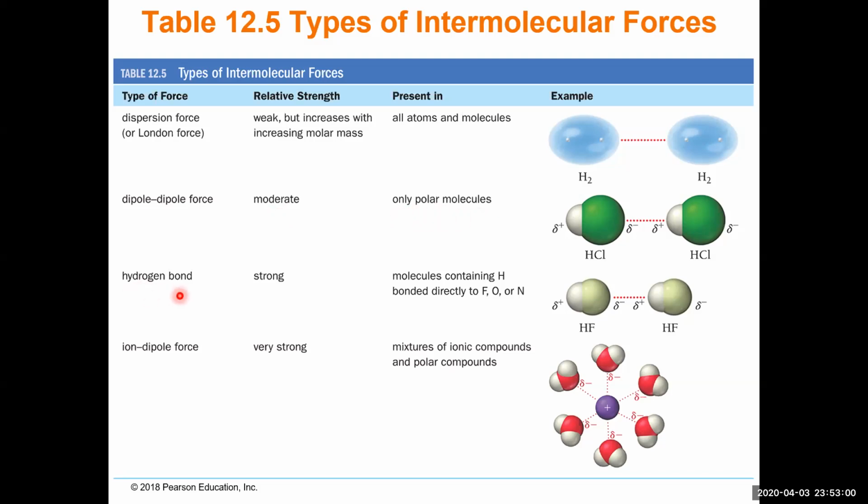We then have the hydrogen bond, which is stronger than the dipole-dipole force or the dispersion force. And this happens particularly in molecules that contain hydrogen bonded directly to fluorine, oxygen, or nitrogen. And then lastly, we have another type of force that's called the ion-dipole force. And that is a very strong force. And that happens when we have a mixture of an ionic compound and polar compounds.